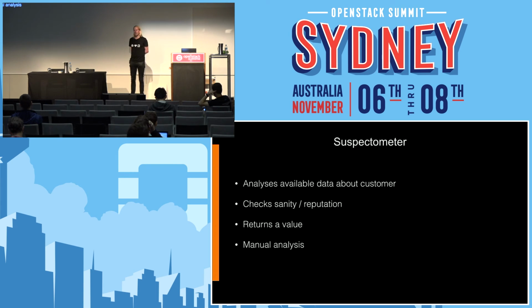If that value is too high, you won't go through with the registration. Sometimes you can also require manual analysis if it's somewhere in between. It's kind of inconclusive or a little bit suspect, but not suspect enough to just throw it out.